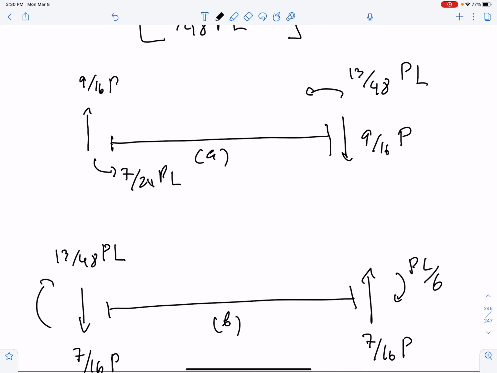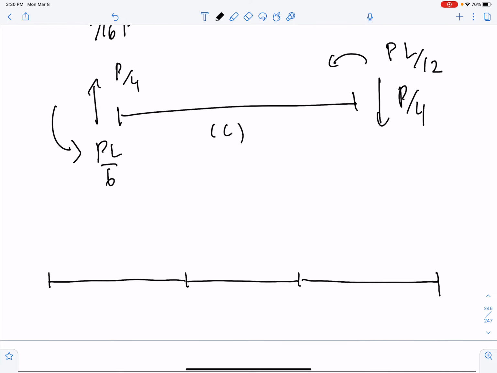Because there's no internal loads, remember from our differential equation analysis, the vertical forces are constant on the element. And so clearly we have a vertical force of 9/16, left node pointing up, right node pointing down, which is by convention a positive shear.